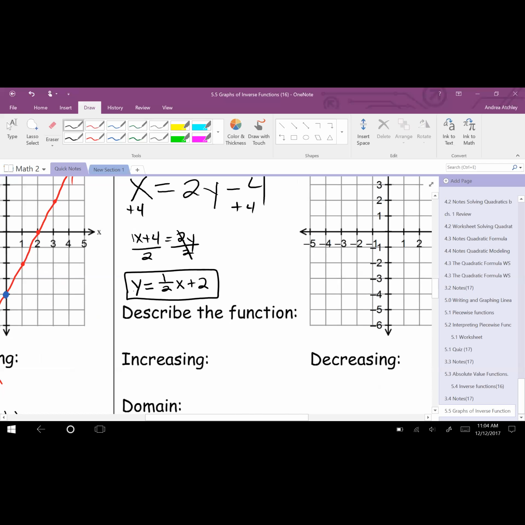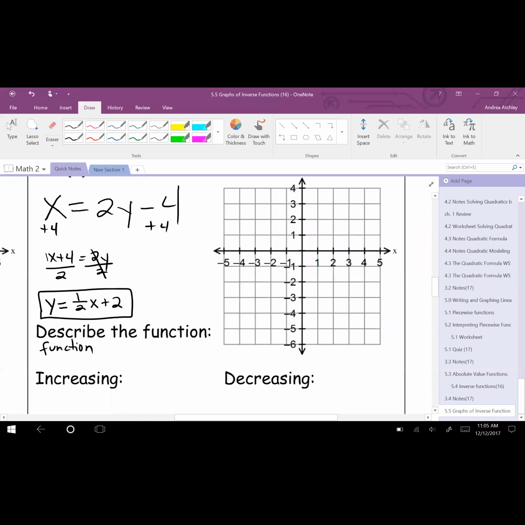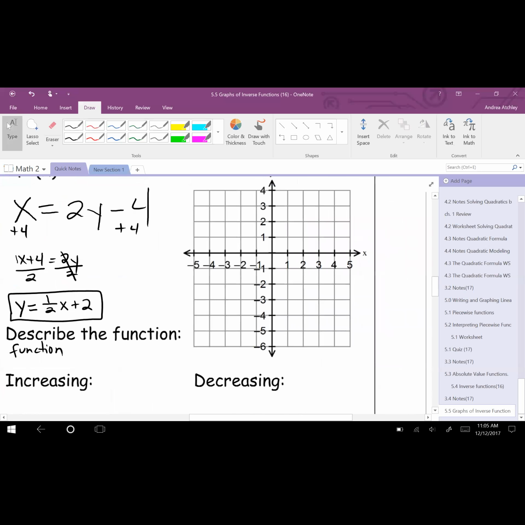It's a line. All linear equations are functions except for when it says x equals. Okay, this is a linear function with y equals something. It's a function.